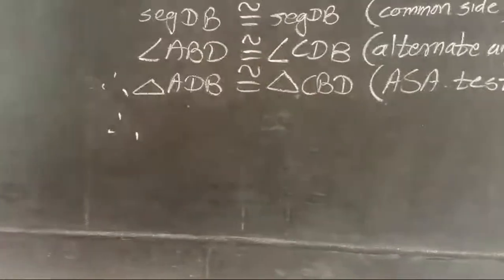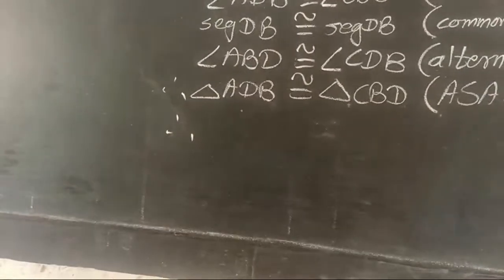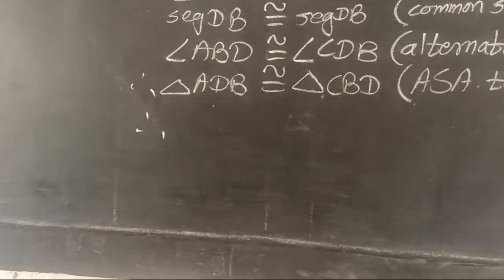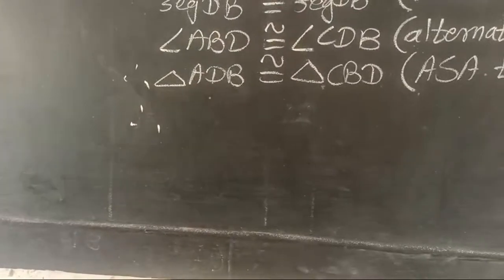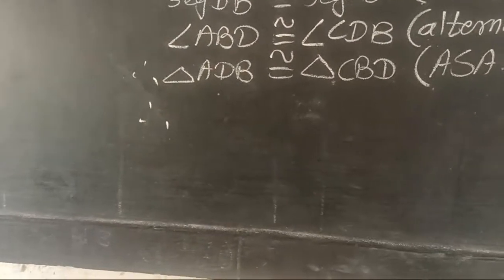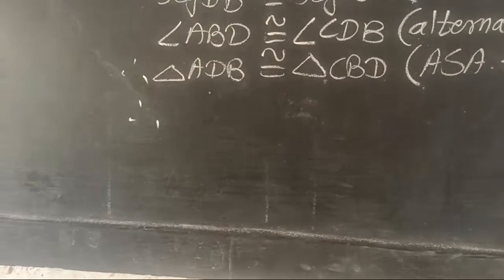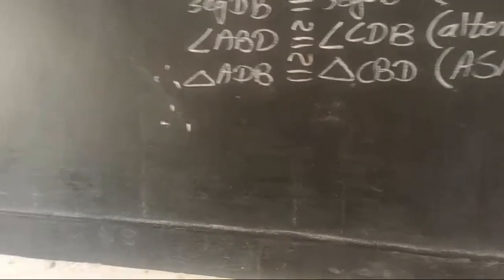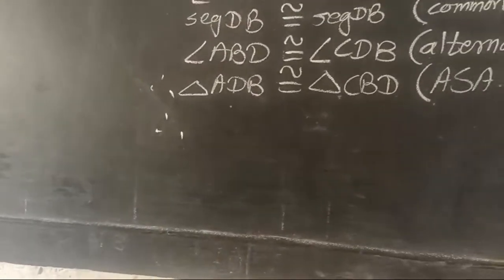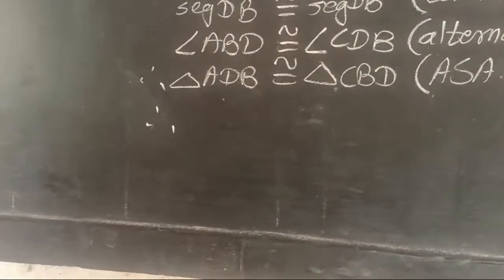Don't ask me. If two triangles are congruent, then good, corresponding sides are congruent.